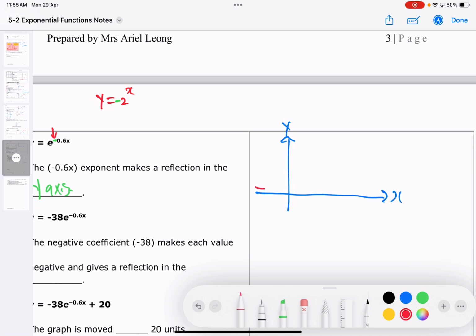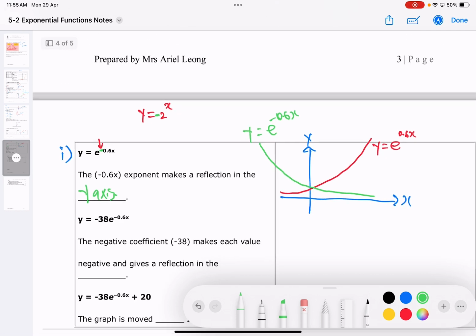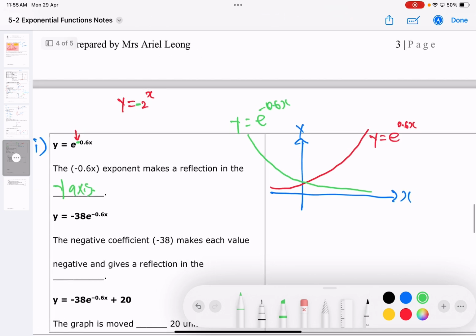So you know that the normal y is equal to e to the power of 0.6x, and then you can sketch the other graph. This is the graph of y equals e to the negative 0.6x. So I say again, this chapter really requires you to memorize quite a few things.